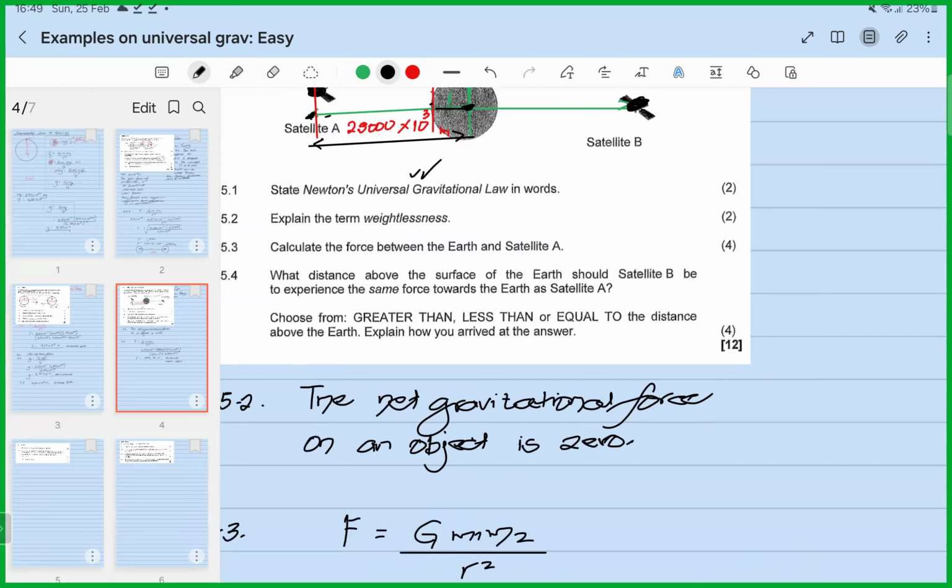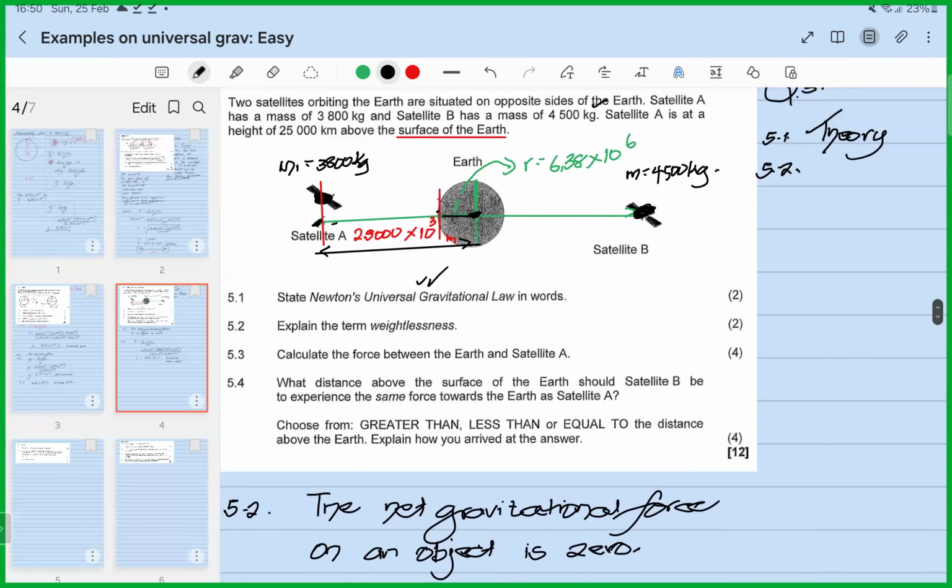Right. Now comes the next question, which is an interesting one. What distance above the surface of the Earth should satellite B be to experience the same force as satellite A? Choose from greater than, less than, or equal to the distance above the Earth, and explain how you arrived at the answer.